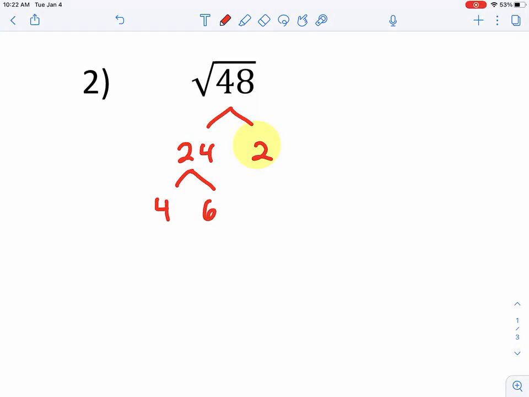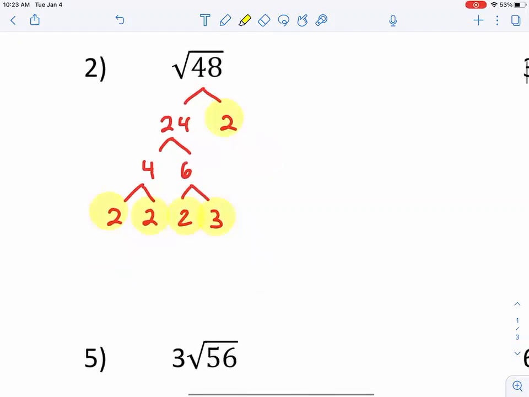Neither of those are prime, though, so we have to split those up. 4 is going to split up into 2 times 2. Those are both prime, so that's good news. And 6 splits up into 2 times 3. We just want to keep this process going until we get all prime numbers.